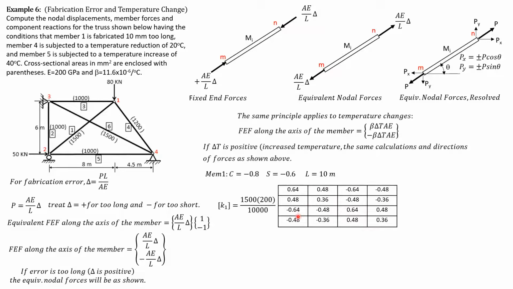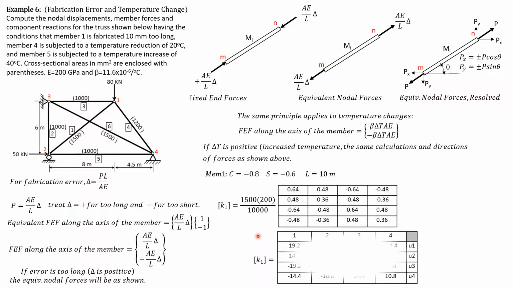Then combined with this value, K1 would be equal to these stiffnesses here. So that is stiffness K1. Remember that the unit is kilonewton per mm this time. We want the force to be in kilonewtons.